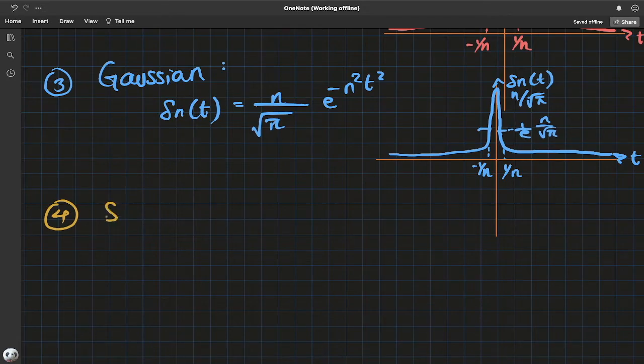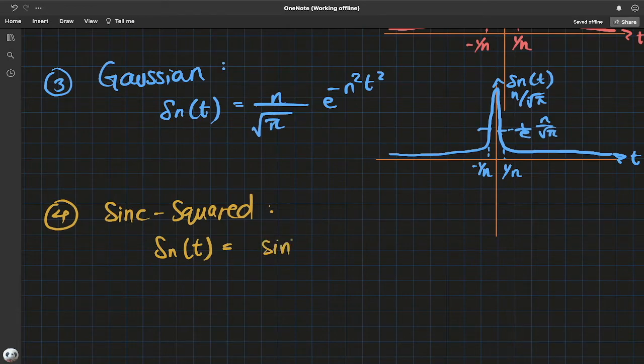Another way of doing it is using what we call the sinc squared function. So this delta sequence is going to look like, say, sine squared of nt divided by n pi t squared.